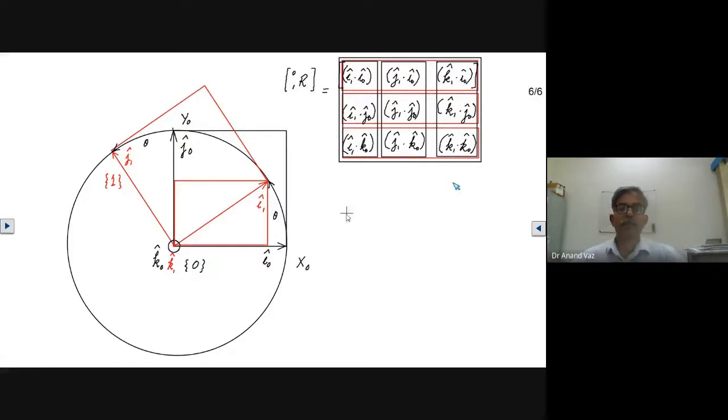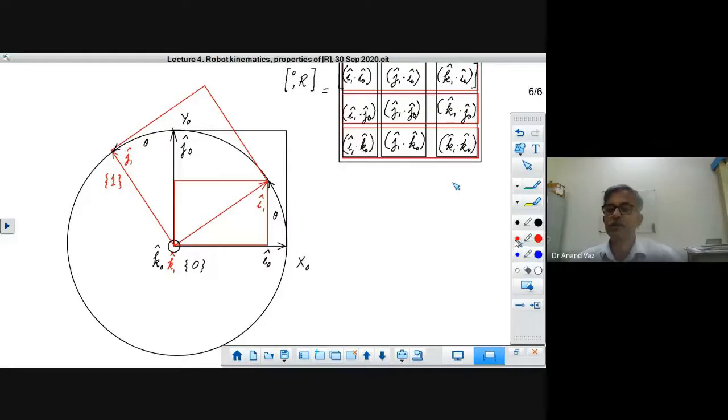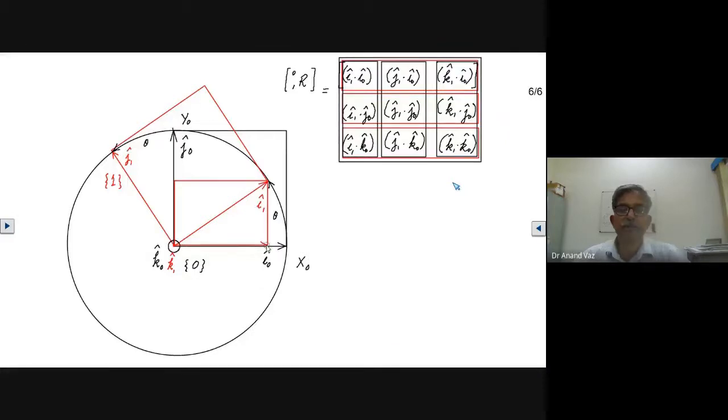Okay, so we have the components over here. This component is I1 dot I naught. This is I1 dot J naught.